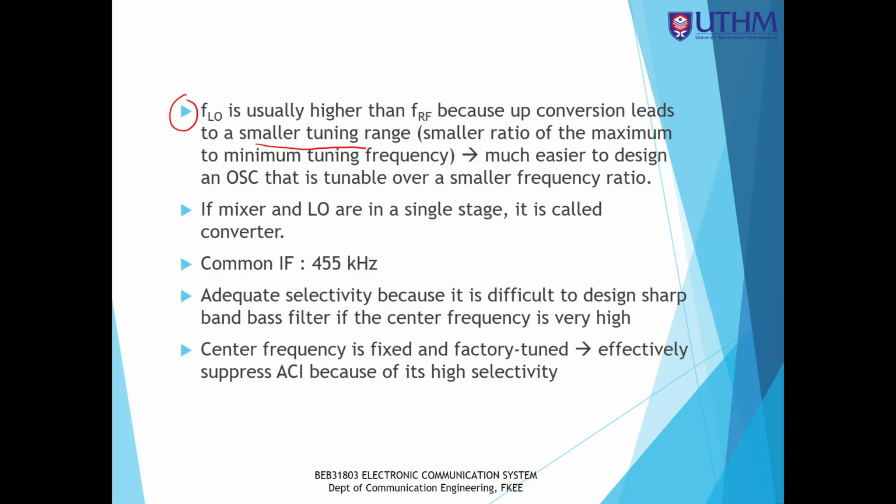If the mixer and LO are in a single stage, it is called a converter. So we are referring to the converter, a single stage down conversion. The most common IF center is 455 kilohertz. The mixer converter is designed to down convert the RF frequency to intermediate frequencies centered at 455 kilohertz.